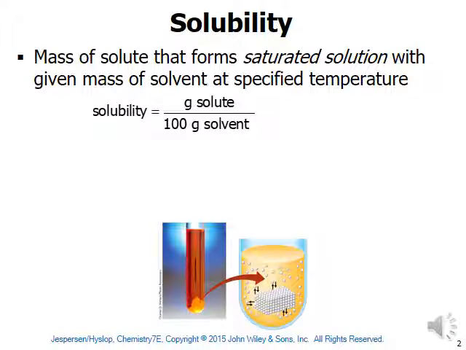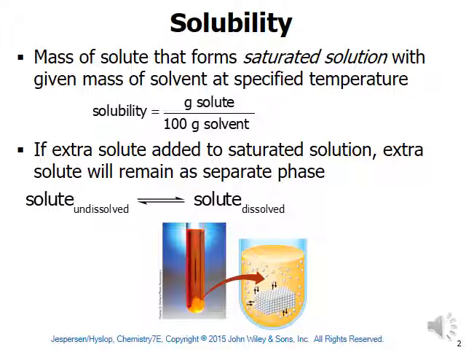Okay, solubility. We can measure solubility as the mass of the solute per 100 grams of solvent, so that's a good way to compare it. If extra solute is added to a saturated solution, the extra solute will remain as a separate phase, and we'll get into this when we talk about equilibrium of solvation.